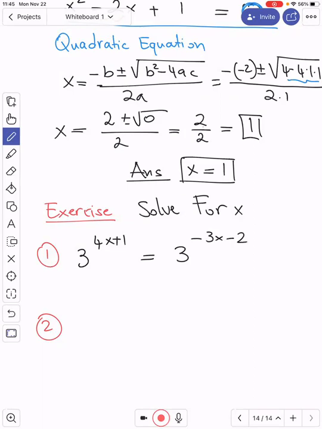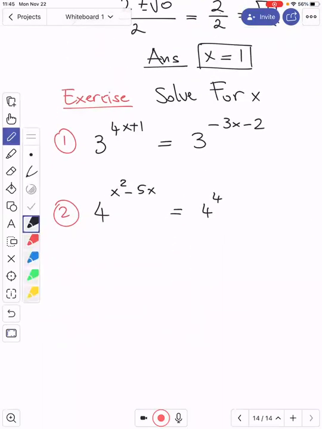Number 2, you have 4 to the power x squared minus 5x equal to 4 to the power 4, just 4.